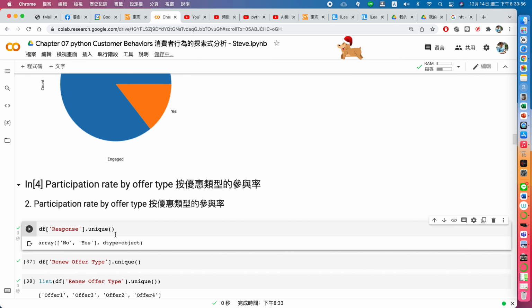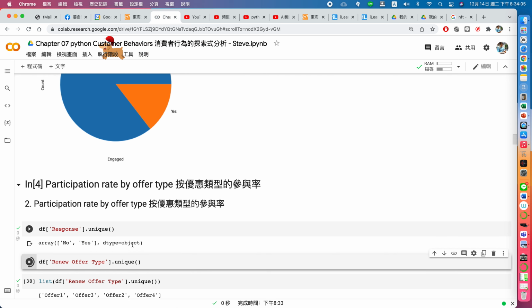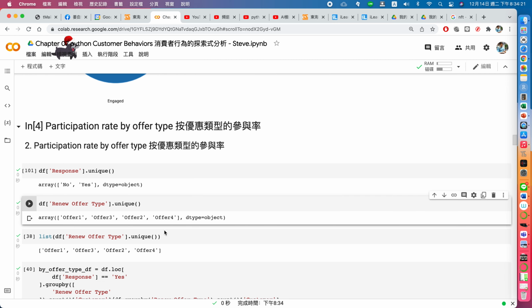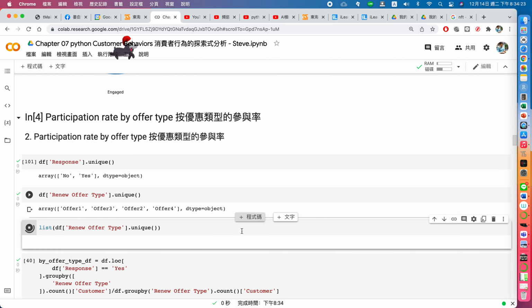With this one, we know the unique labels for response: no and yes, two types. What about the renew offer type? Here you can see there are 4 different offer types: offer 1, offer 3, offer 2, and offer 4. There are 4 offer types for this data set.